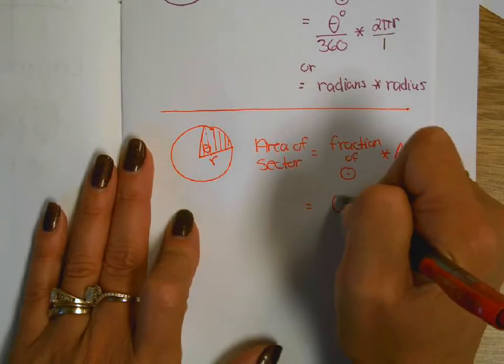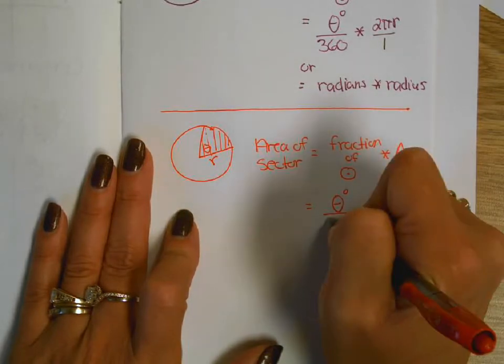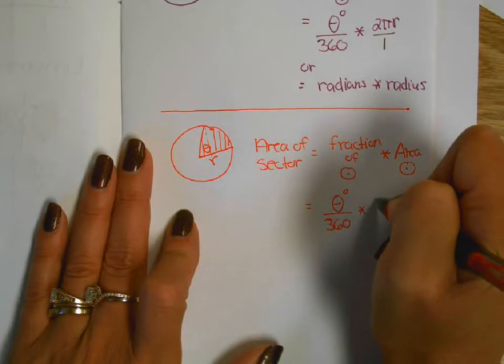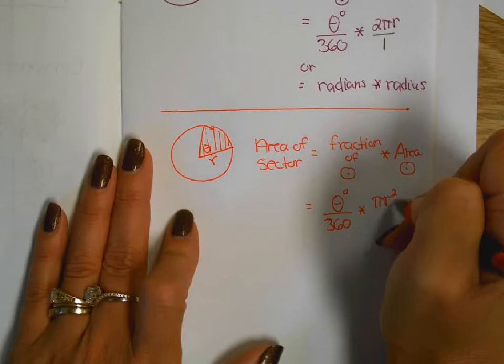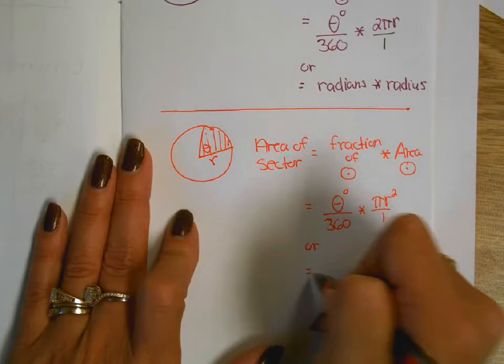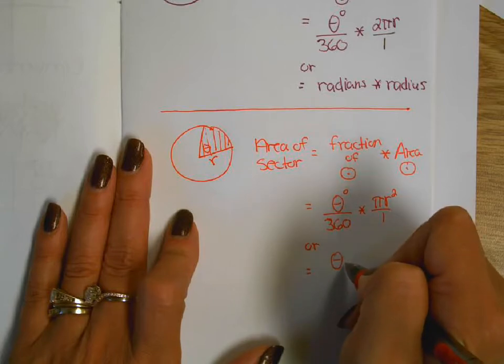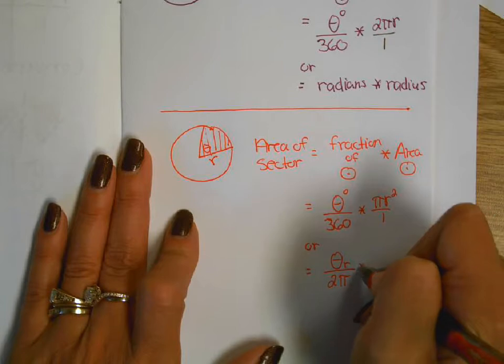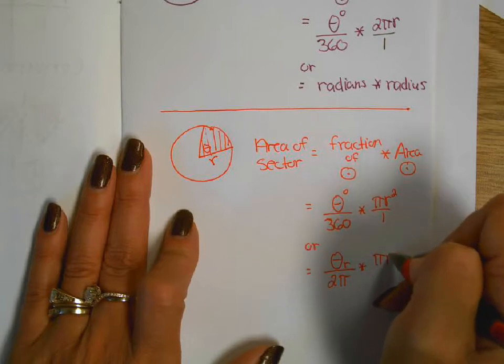So it's the degrees over 360 times pi r squared, or radians divided by 2 pi multiplied by pi r squared.